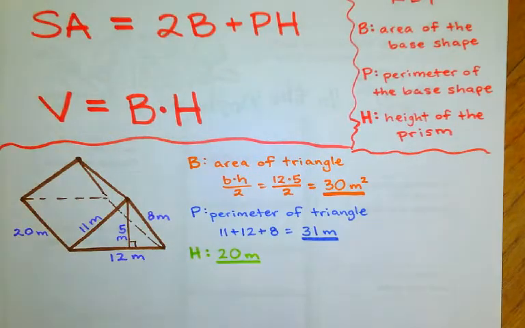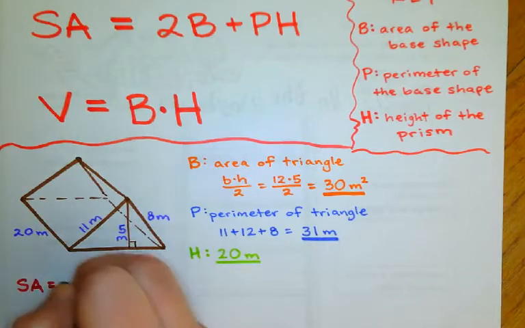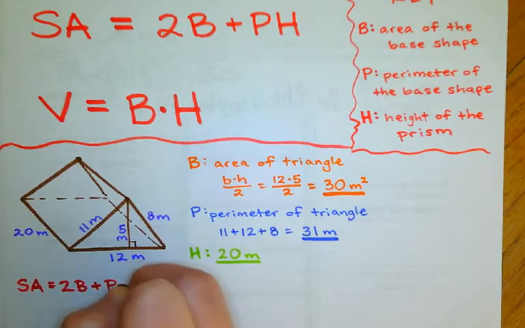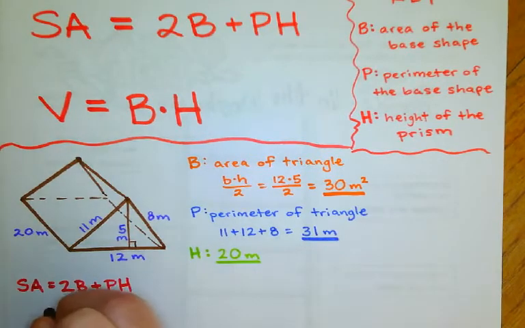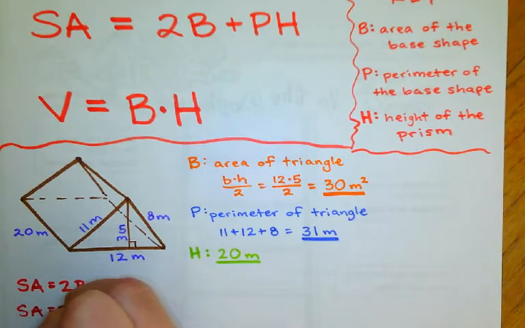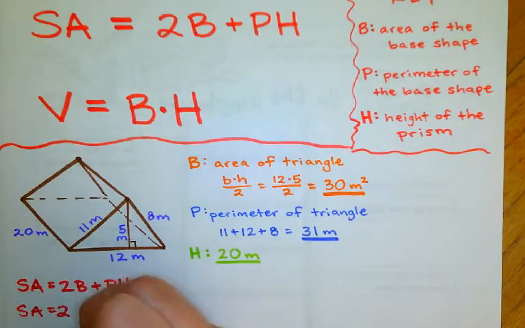Okay, so for surface area, where we have 2B plus PH, we're going to get 2, and then our B is the 30 meters squared.